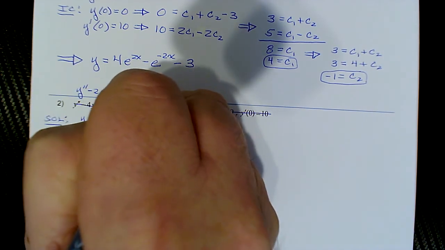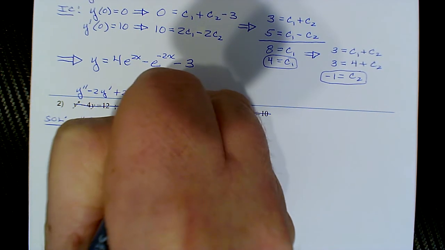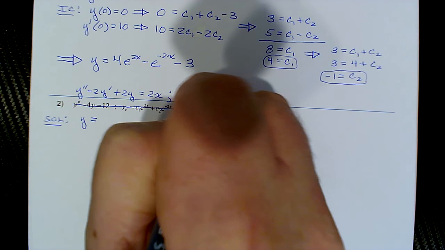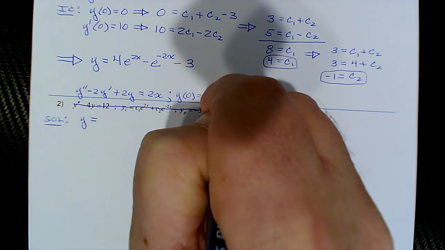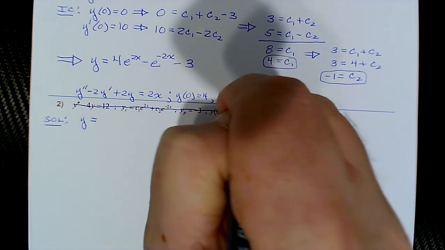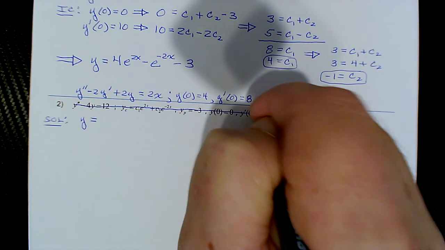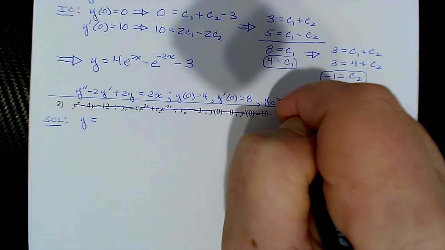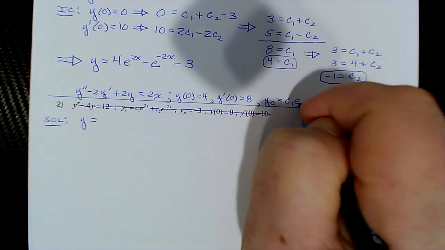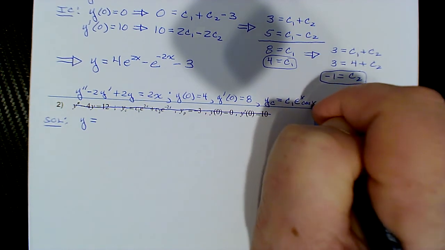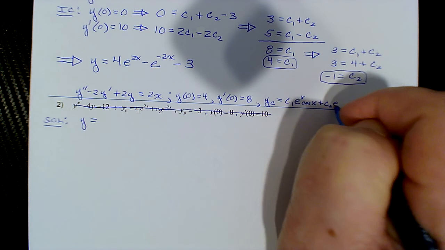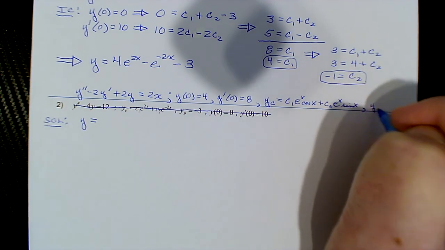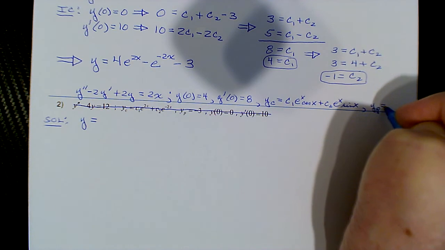And the initial conditions are that y of 0 is 4, y prime of 0 is 8, and the complementary solution is c1 e to the x cosine x plus c2 e to the x sine of x, and the particular solution is x plus 1.